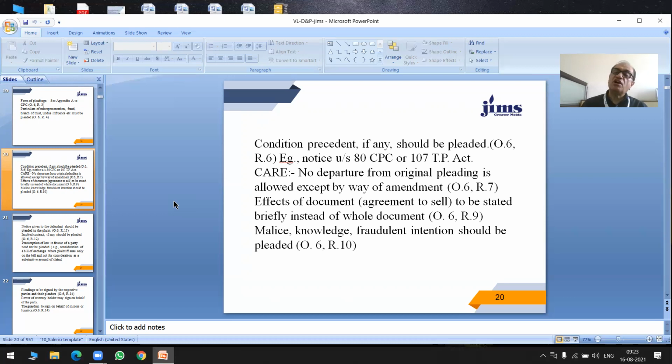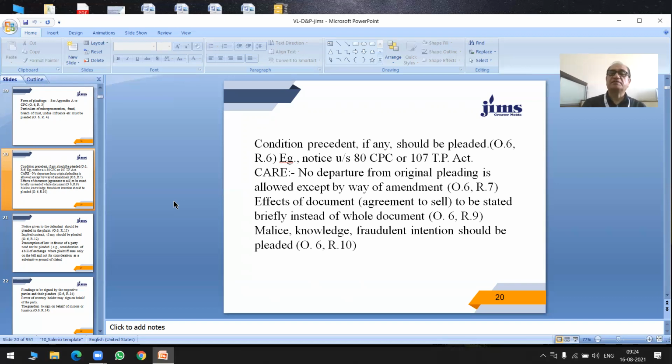Or if a landlord is filing a suit of ejectment against the tenant, then he is legally required to issue a notice terminating the tenancy of the tenant under Section 107 of TP Act. So giving of notice, Section 80 CPC or 107 TP Act, has to be pleaded in the plaint as a fact.